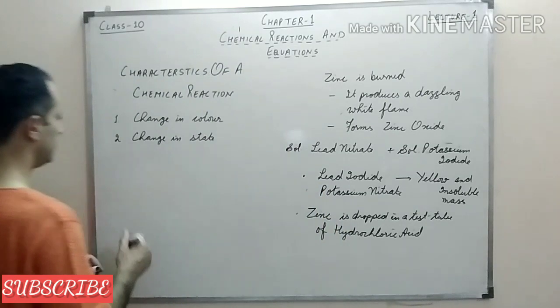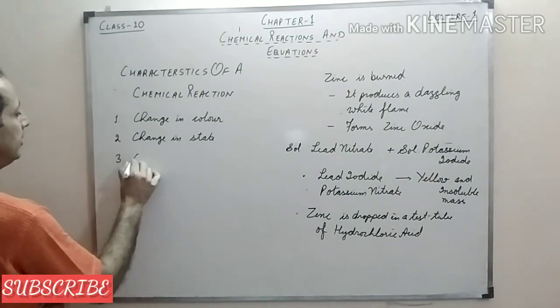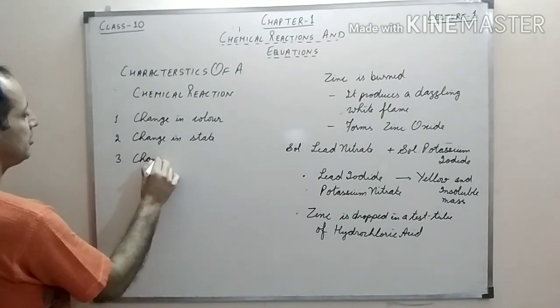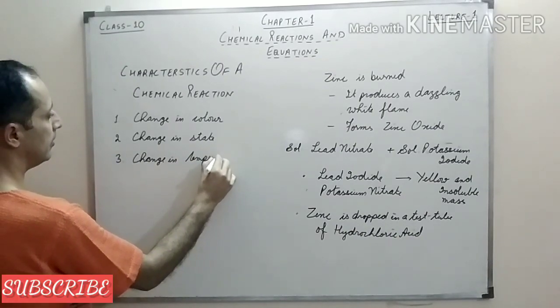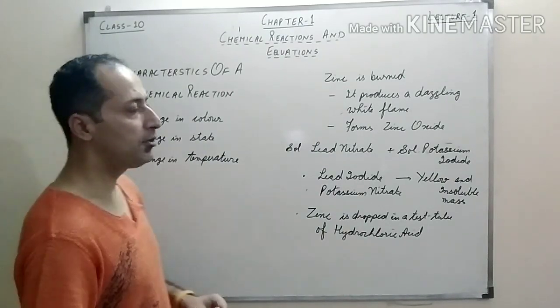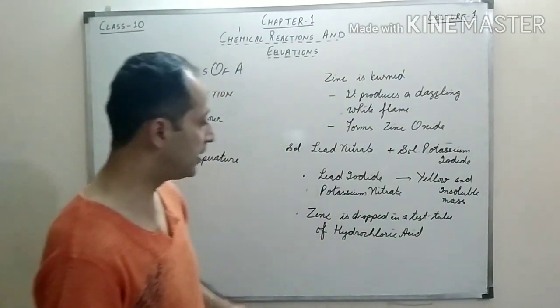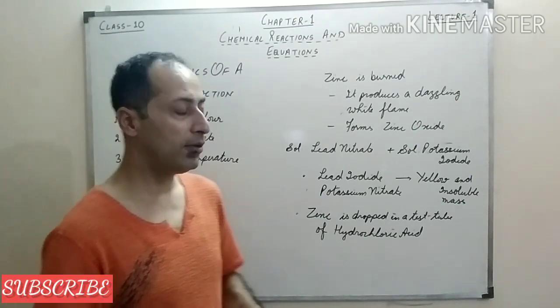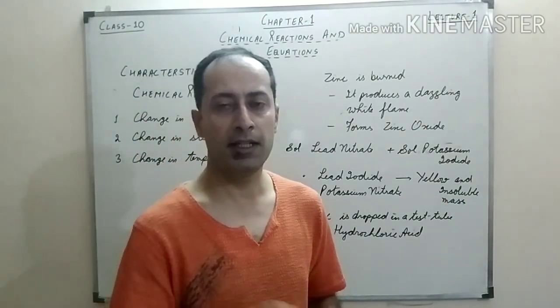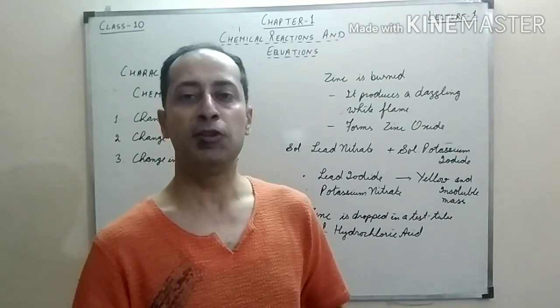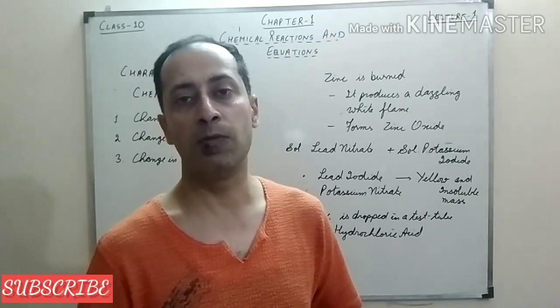And the third thing, we say change in temperature. Now, when we talk about change in temperature, we take the third example, the reaction of zinc with hydrochloric acid. As soon as the zinc is dropped in the hydrochloric acid, slowly the test tube starts becoming warm.